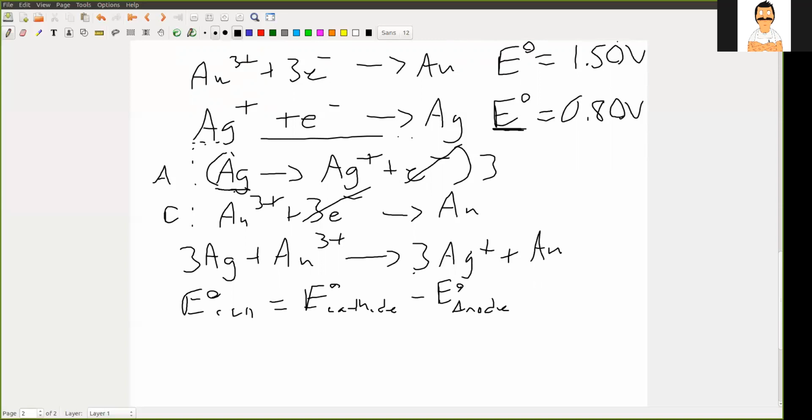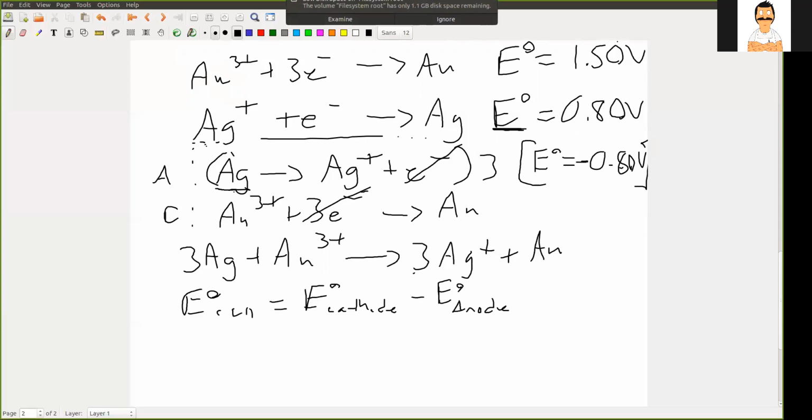So it went from Ag to Ag+ instead of Ag+ to Ag. So we could say, let's put this in brackets, that by doing that, we do reverse the potential. So we make it negative 0.80 volts. So that is a possibility. So that's the other way of doing it. But ultimately, it ends up being the same thing.